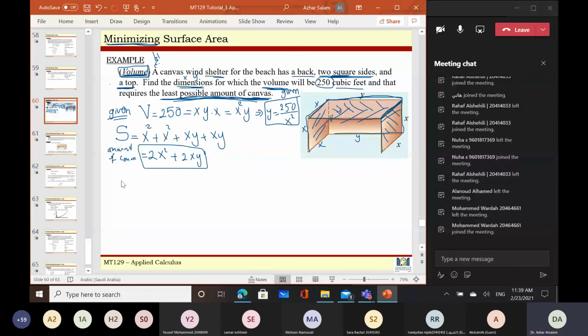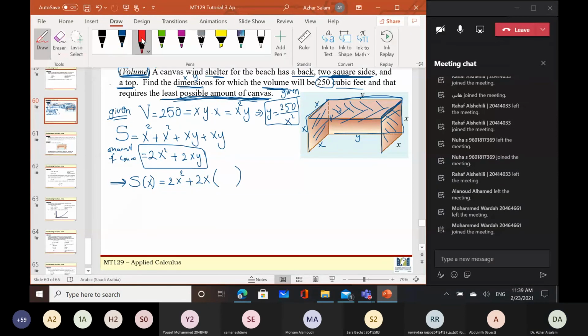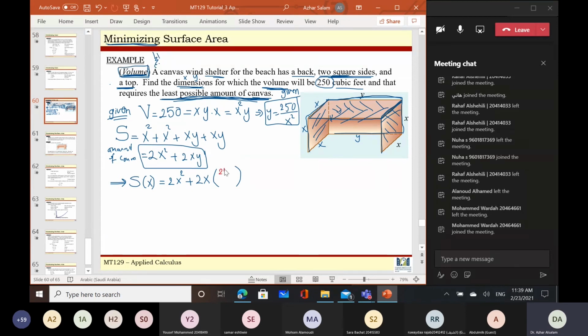So I can substitute it in s to be a function in only one variable, x. s equals 2x square plus 2x multiplied by y. What's the value of y? It was 250 divided by x square. I will simplify.